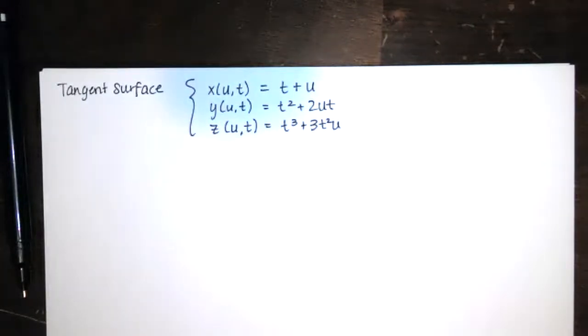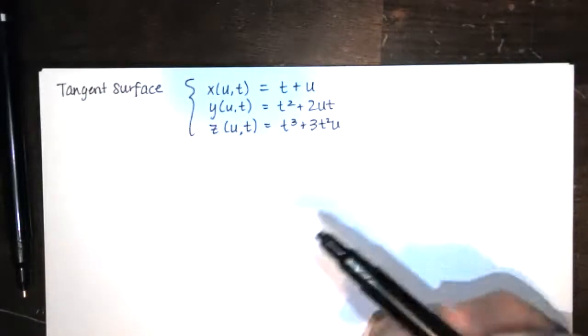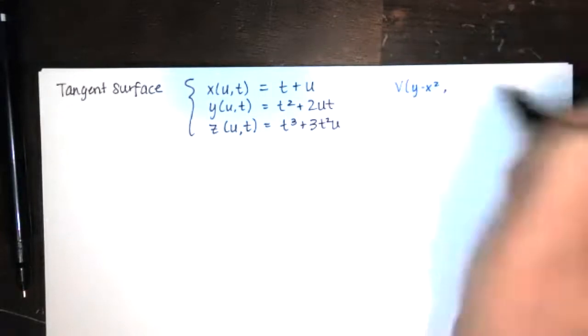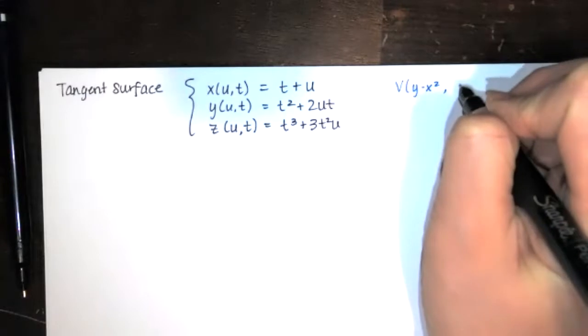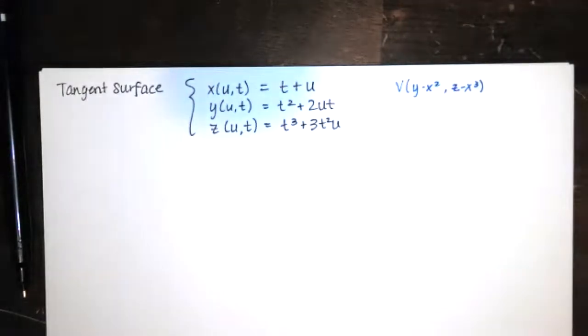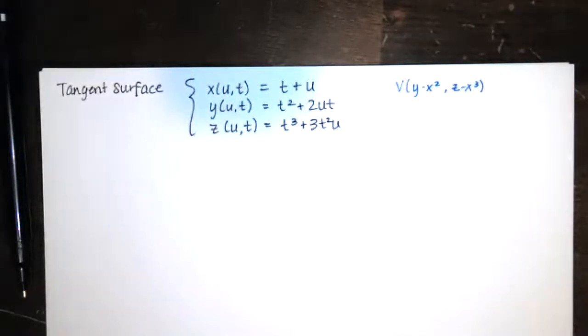We've got these parametric equations involving u and t, and there might be a question like, okay, if we've got a tangent surface here, and we know it's related to the affine variety given by these two polynomial functions, y minus x squared and z minus x cubed. The question might be, is the tangent surface itself an affine variety?